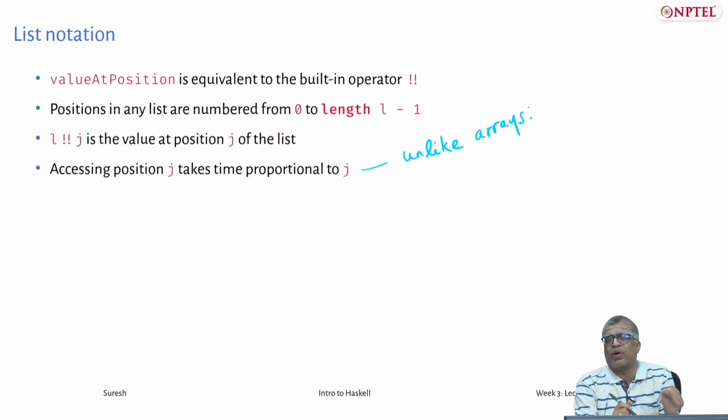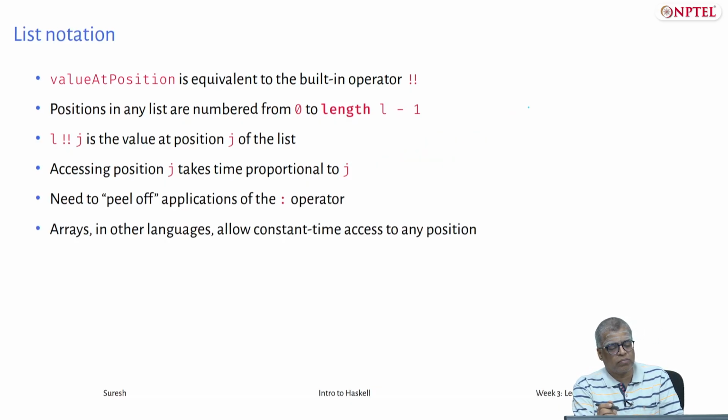So you are stripping away one element after the other from the beginning of the list until you have stripped away n minus 1 elements, and at that point whatever element you are left with, you will return that. So you need to peel off the applications of the colon operator, whereas in arrays in other languages, and also in Haskell, there are arrays in Haskell also, which we will look at much later, those allow constant time access to any position in the list, but not so with these lists.